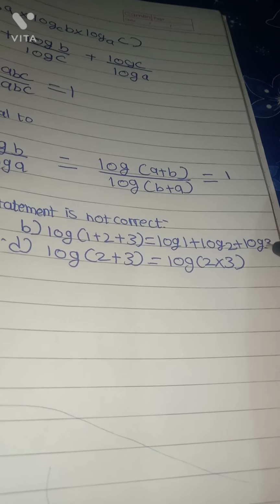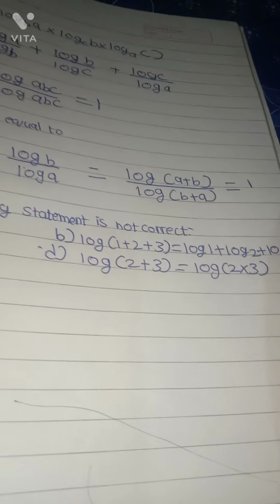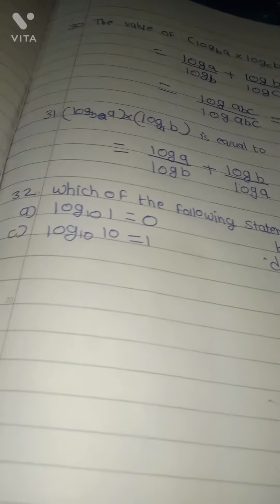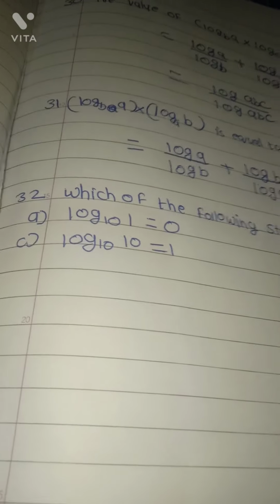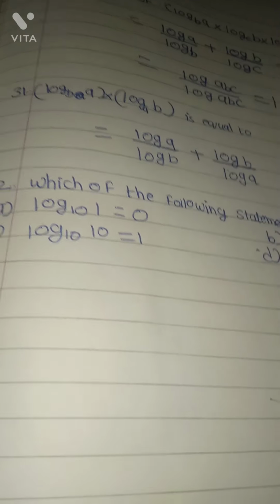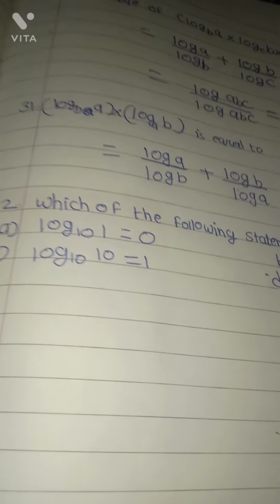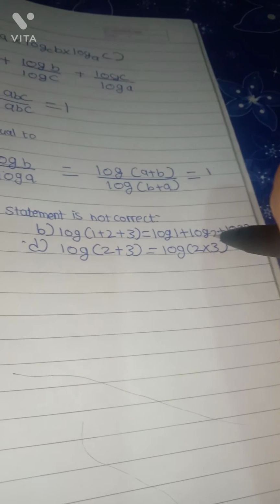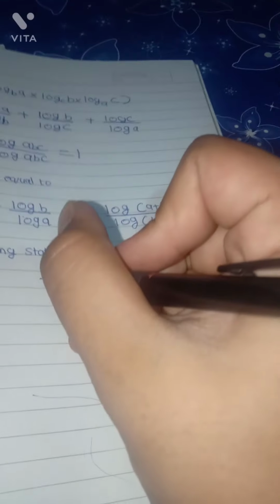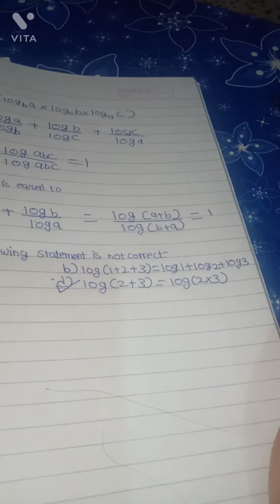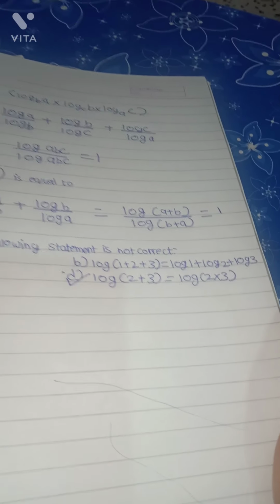This is also correct by property. And C is also correct because there is a property that log_k(k) is equal to 1. So D is incorrect because there is no such property.